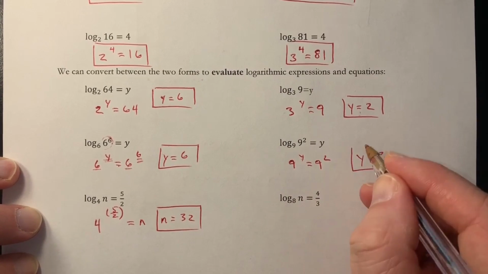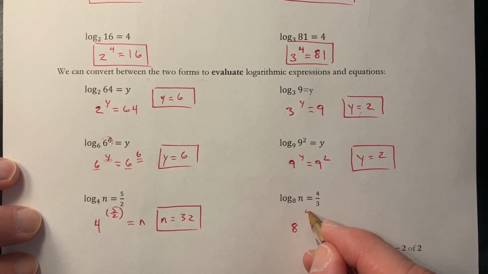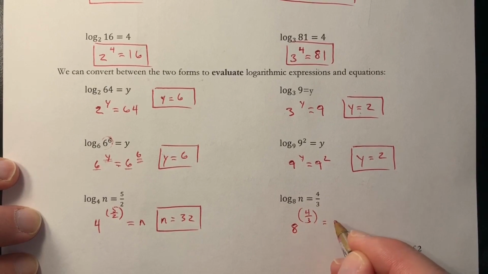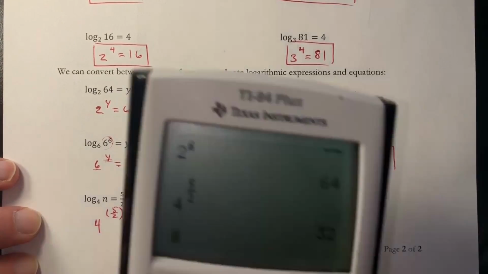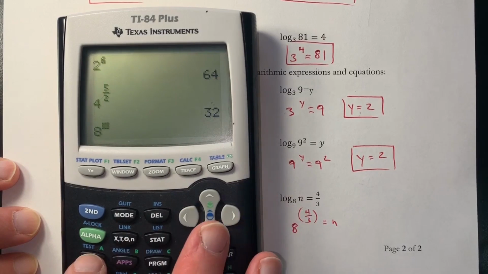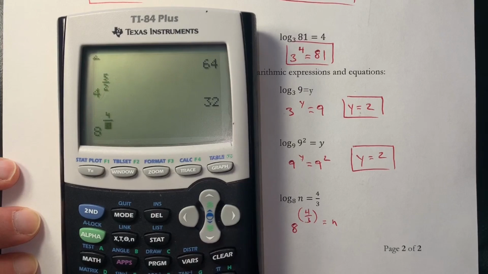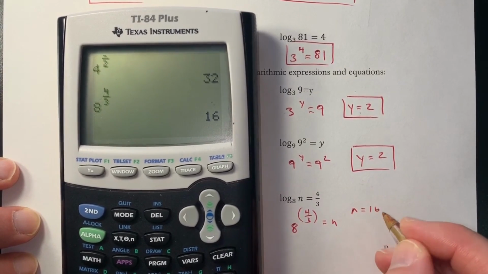So y equals 2. And last up, 8 to the 4/3 power equals n. So 8 raised to the 4 over 3 power equals 16.